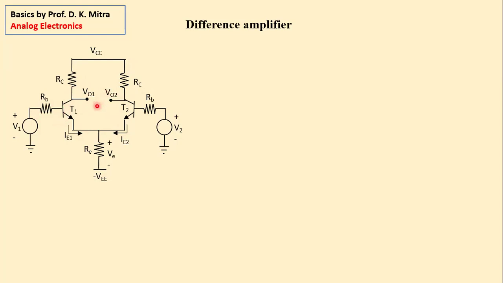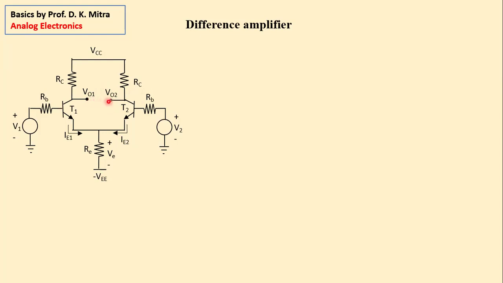Now, where is the output terminal? There is one output terminal from the collector of transistor T1. There is another output terminal from the collector of transistor T2. And the output is the difference of these two outputs. That means you connect a voltmeter between these 2 points.